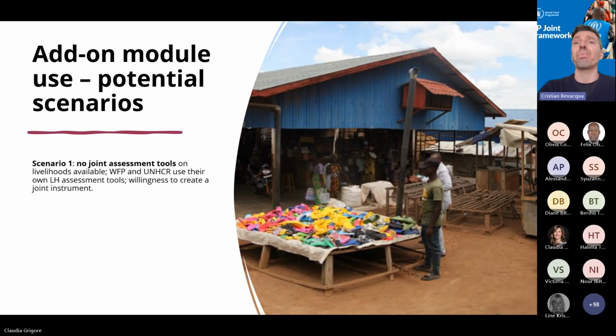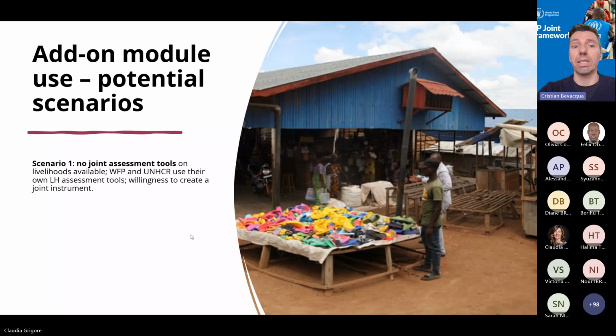In this case, the JAF is a strategic framework that guides the two agencies to critically think of how to better use their own respective tools and how to integrate them around common indicators, common primary and secondary questions, in order to better investigate the livelihood sector in that context. So having an already structured model can help this kind of reflection.